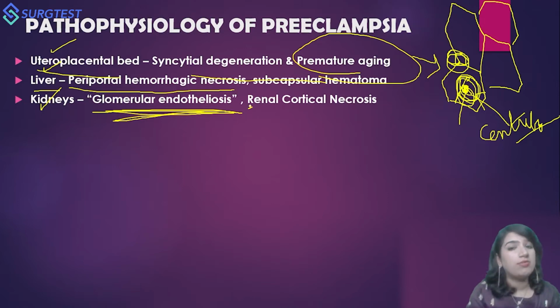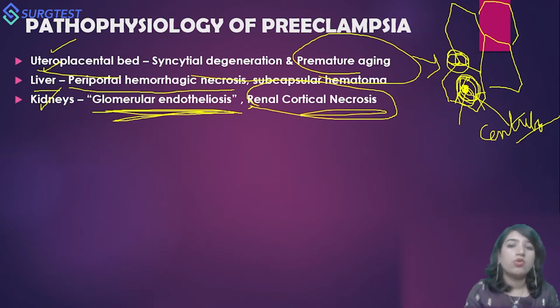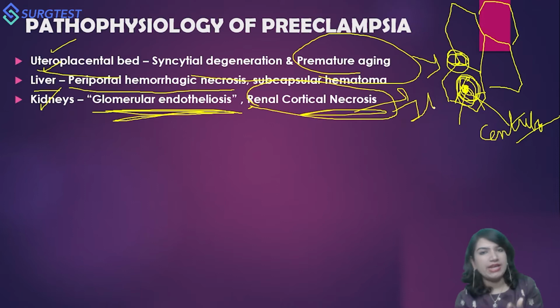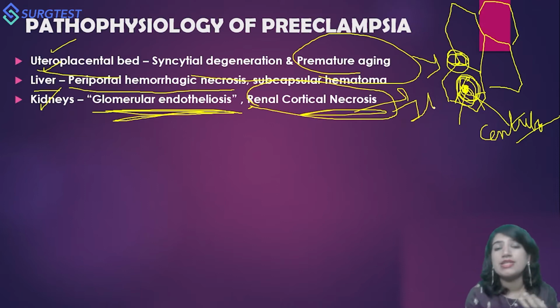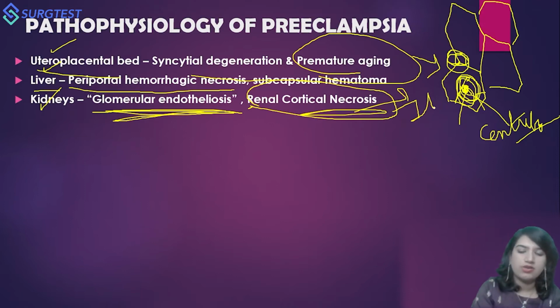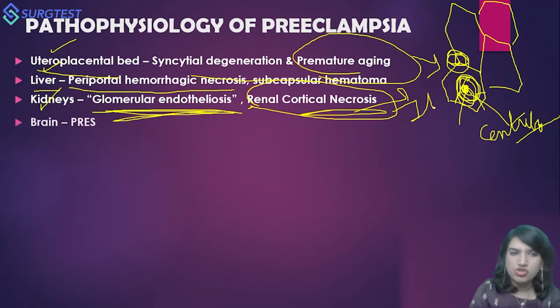This is the hallmark lesion. Rarely, bilateral renal cortical necrosis can happen, which tends to be irreversible. If there is an ATN, an acute tubular necrosis, it can be reversed to an extent, but cortical necrosis is mostly irreversible, and it's a dreaded complication of preeclampsia.